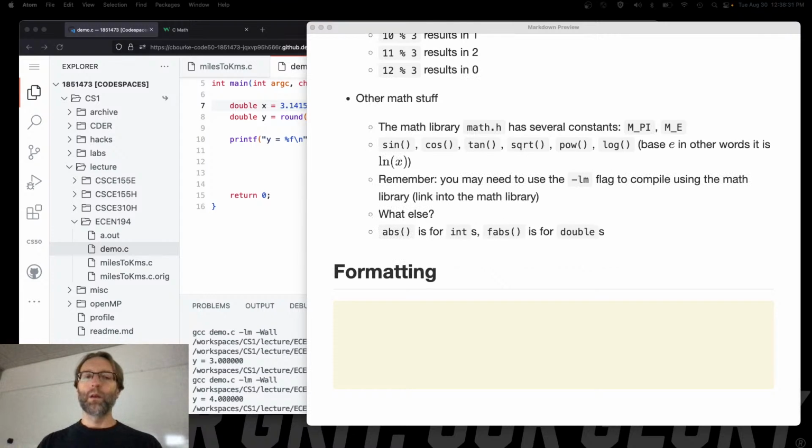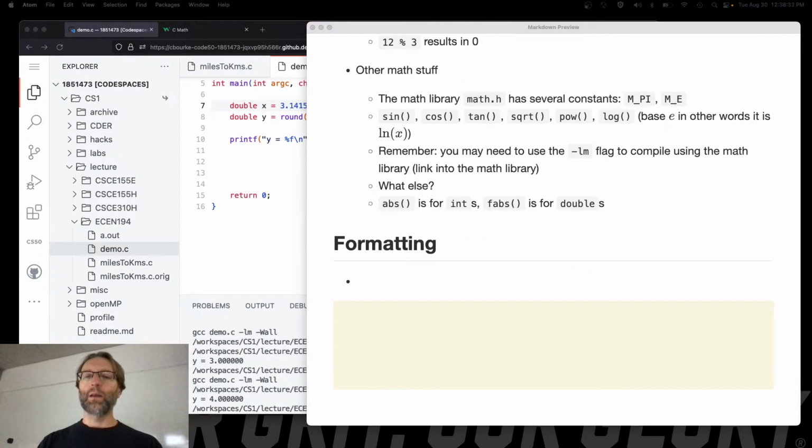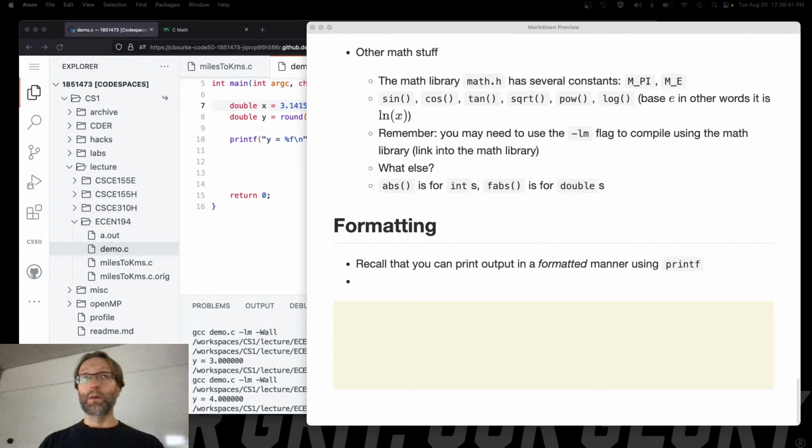So recall that you can print output in a formatted manner using printf. The three placeholders are %d for integers, %f for floating point numbers, for doubles, and %c for single characters, for int, double, and char, respectively.